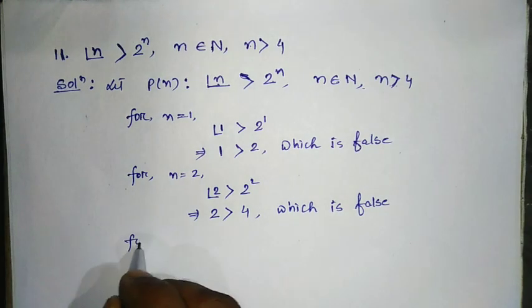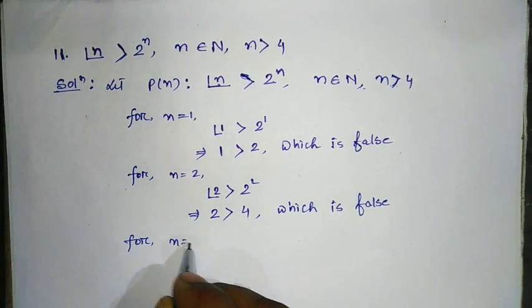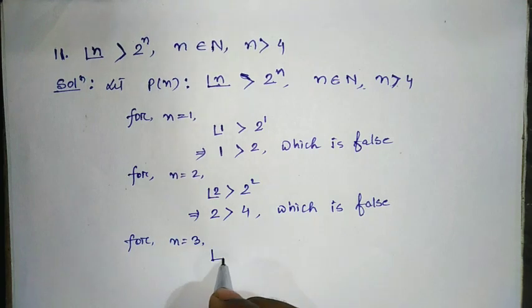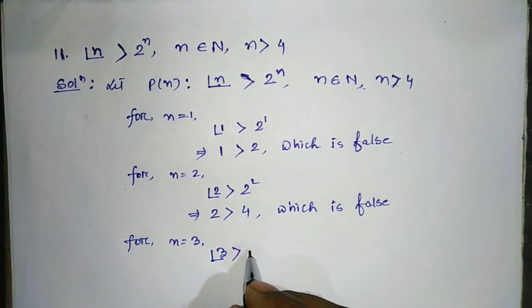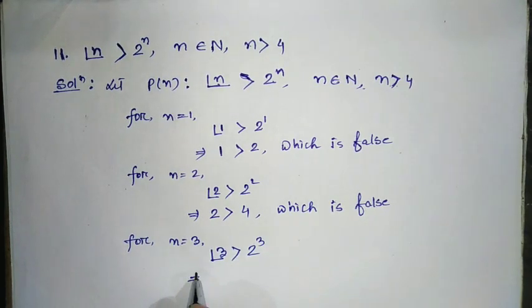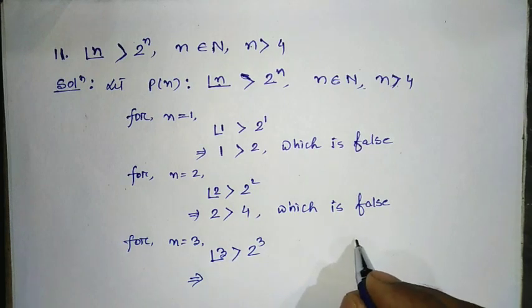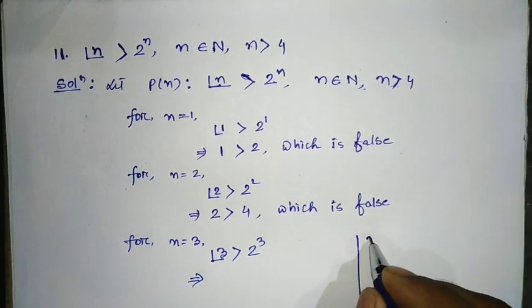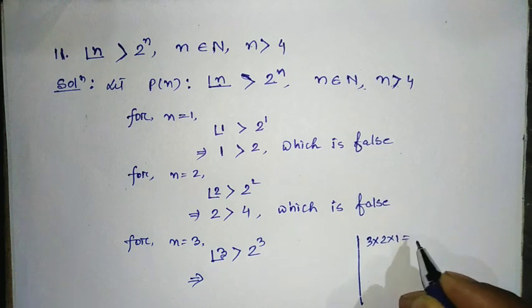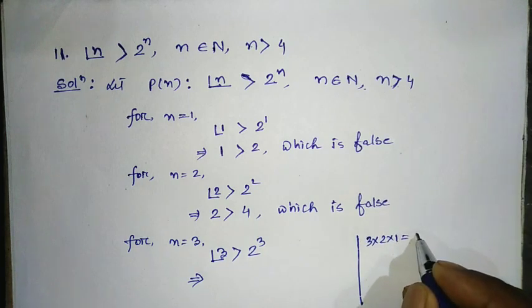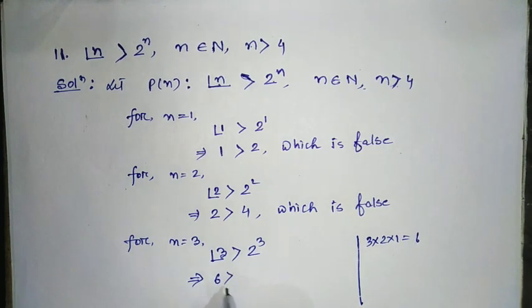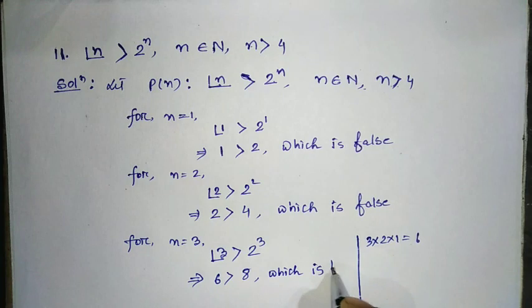For n equal to 3, let's see whether factorial 3 is greater than 2 to the power 3. Factorial 3 means 3 into 2 into 1, that means 6. So 6 greater than 2 cube, which is 8, is also false.